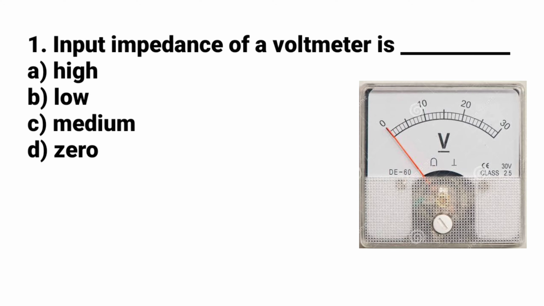It must be higher than the impedance of the circuit being used. Whatever circuit we are connecting to, a voltmeter has a high input impedance.